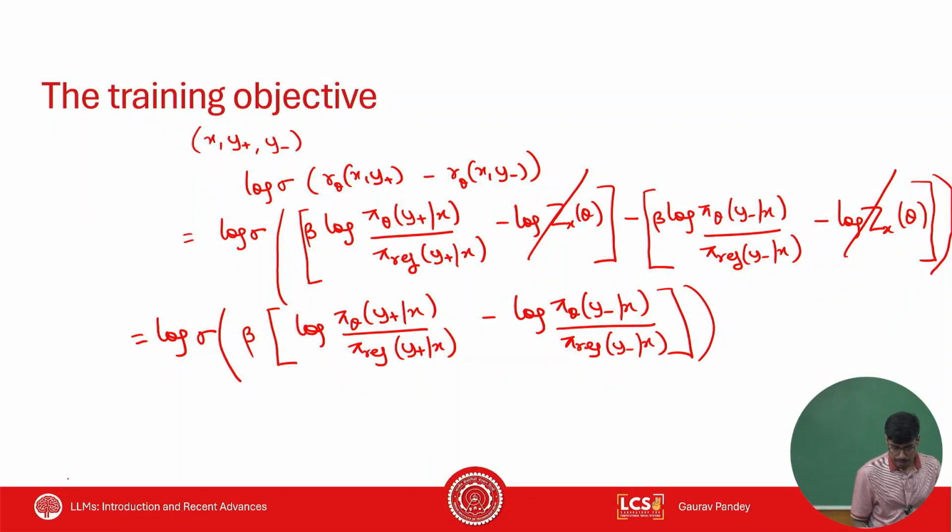and if you want you can also write it like this. This sigmoid becomes a softmax.